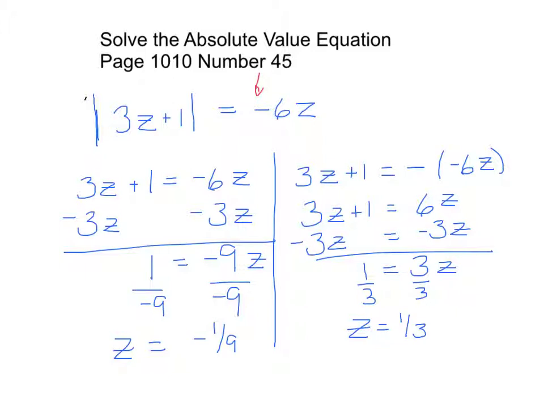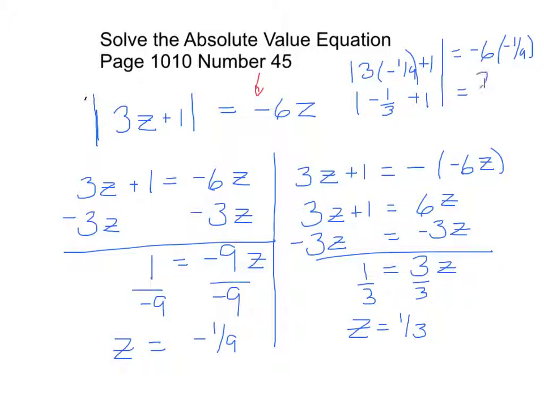Okay. Absolute value of 3 times negative 1/9 plus 1, absolute value, equals negative 6 times negative 1/9. Okay. 3 times negative 1/9 is negative 1/3 plus 1, absolute value, equals positive 6/9.